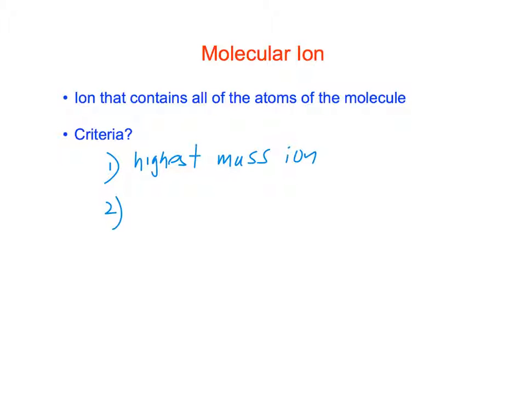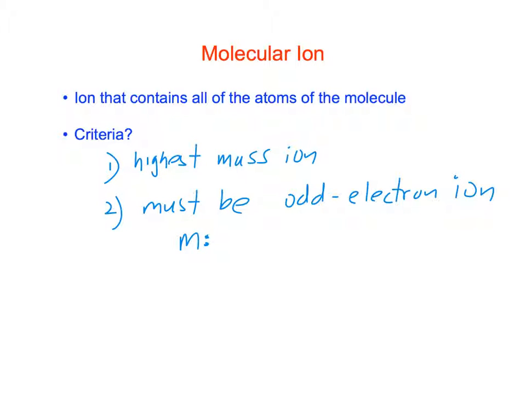The second thing, which we'll talk more about, is that it must be what we call an odd electron ion. Okay, so remember what we did is we started with this M, and I'll draw a pair of electrons here because stable organic molecules are going to have complete octets.